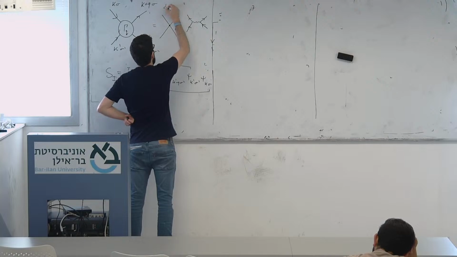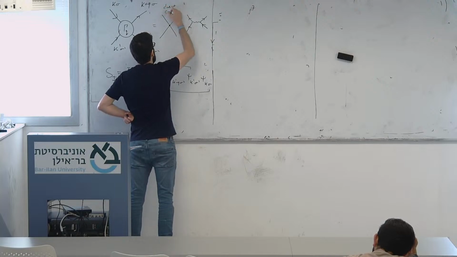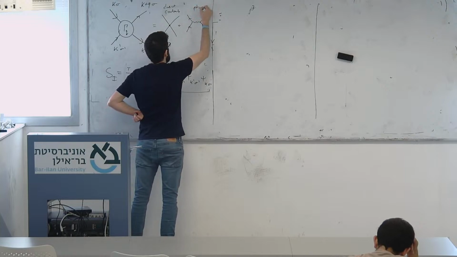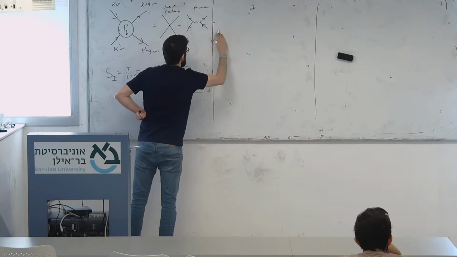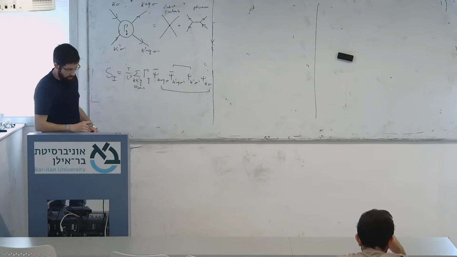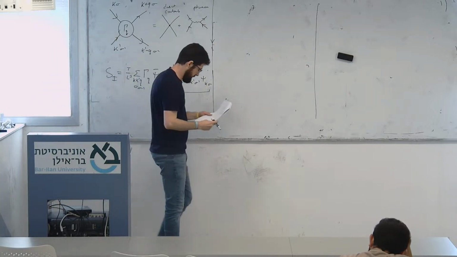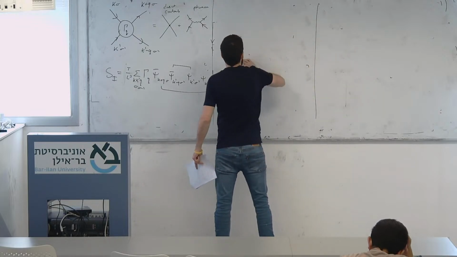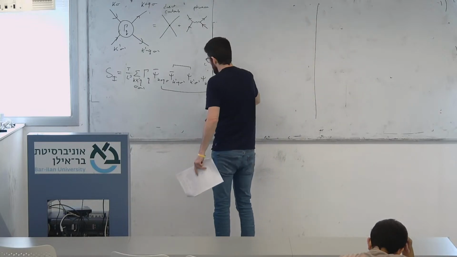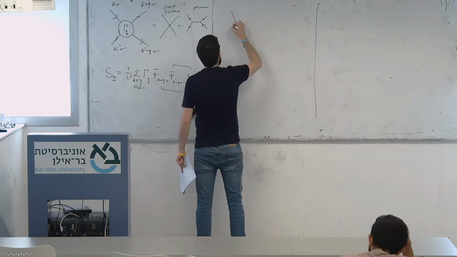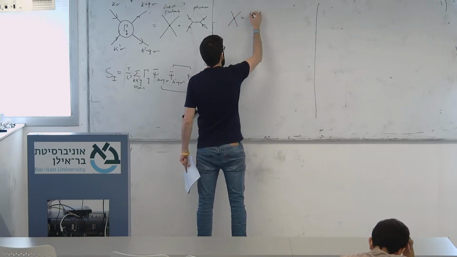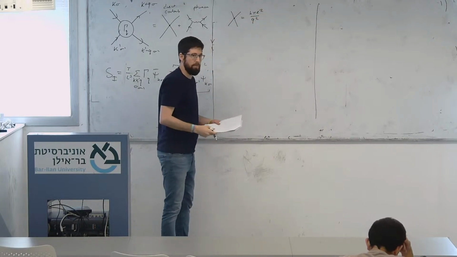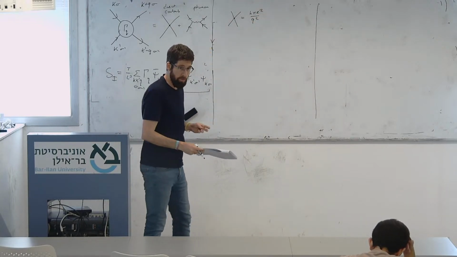So this direct Coulomb term, we can think about it in different ways. So naively, this is 4 pi e squared over q squared, which is the Coulomb repulsion.